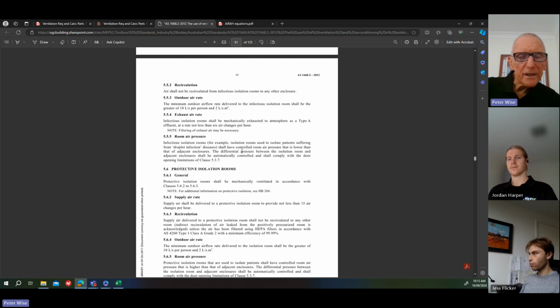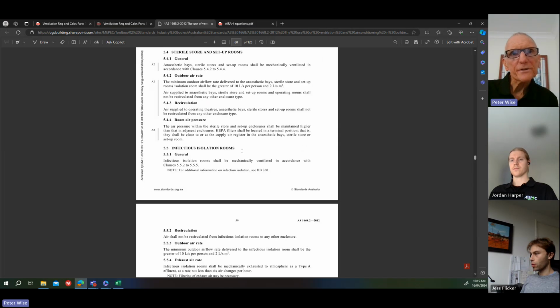There'll be tables. Victoria has one. I've got the details here if you're ever looking for it, but you guys have got it in your files. They will have their own standards for operating theatres, for isolation rooms, for sterile stores, for sterile cleaning areas. So they're the ones you really need to refer to, the state standards.